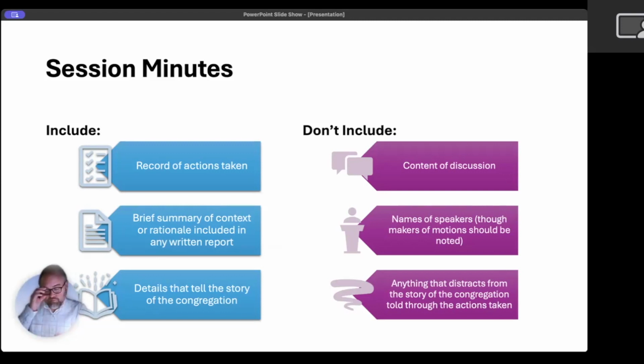So take an extra minute and include the details that tell the story so that somebody can come back and say, hey, this church was going through something and they made a decision to do this. Without necessarily having to read every single email that was involved in leading up to the recommendation and action, but to have those details so it's very clear.